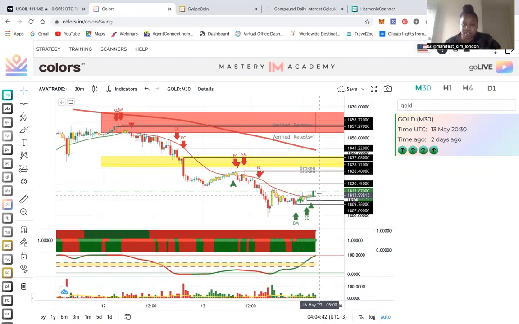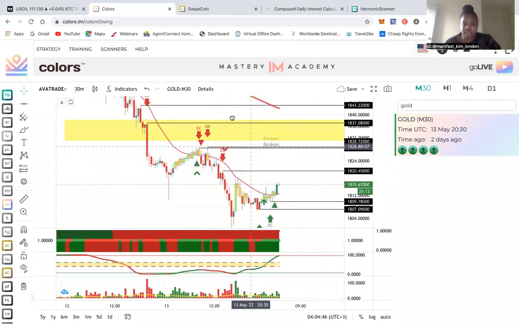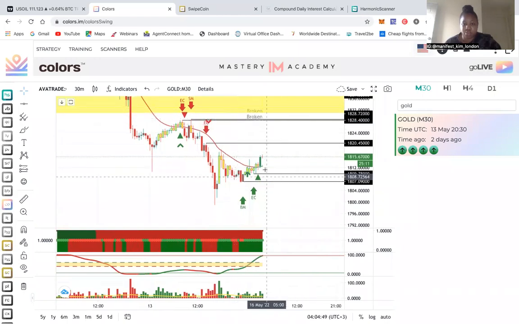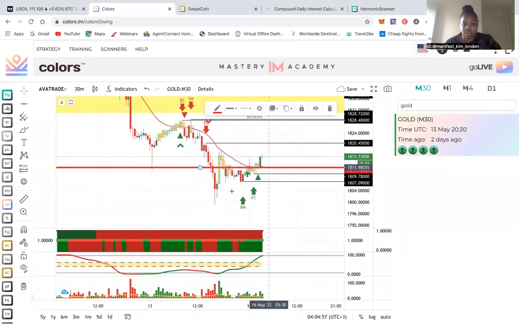So if you did get stopped out, what you could do is re-enter back the trade, and you're gonna be using, let me give you the stop loss, 1811.98. 1811.98 as your stop loss. All right, and then choose a higher TP. Then that would give you enough space to move your SL up in profit.